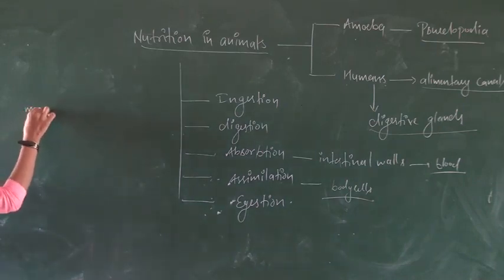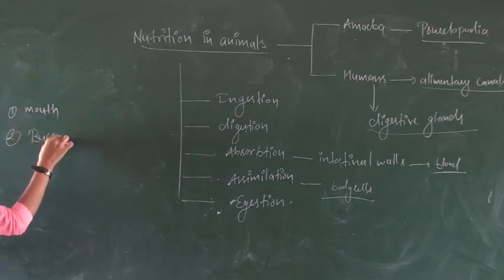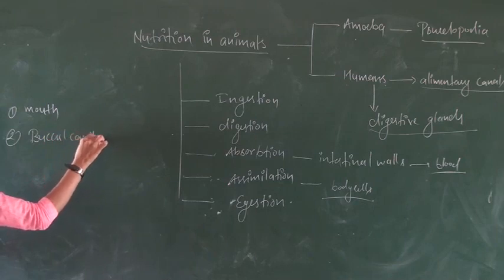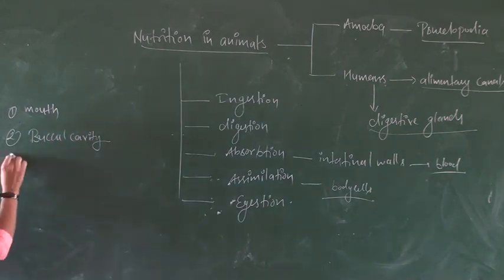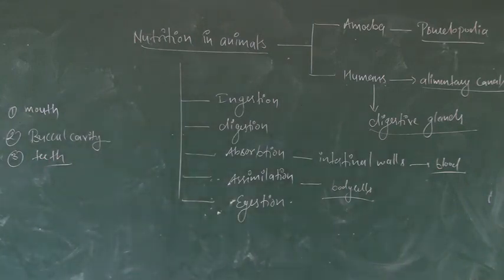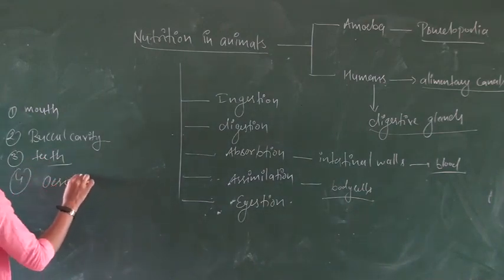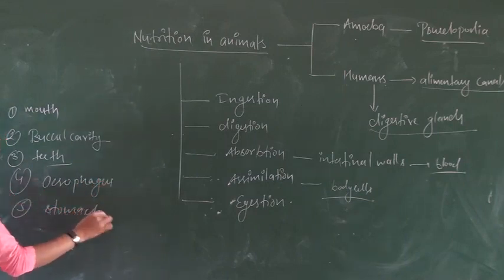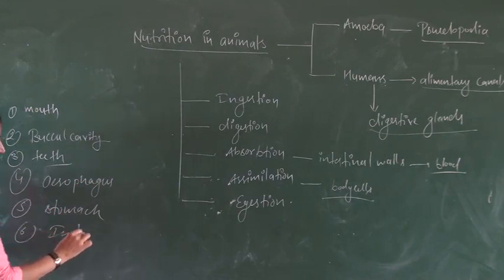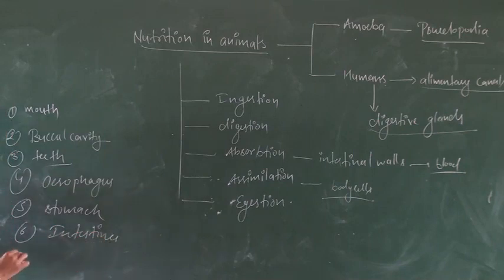first one is mouth, second is the buccal cavity, third is teeth, after that esophagus, stomach, intestine and anus.